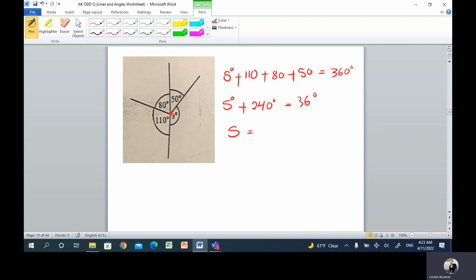Accordingly, if you subtract the 240 from 360, the answer will be 120 degrees. And if you check, you're going to say 120 plus 110 plus 80 plus 50, they all add up to 360 degrees.